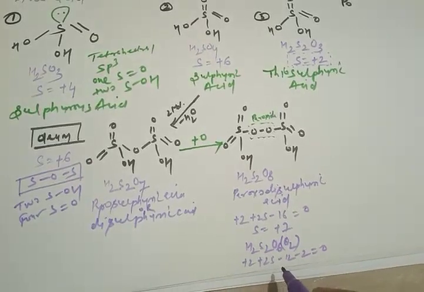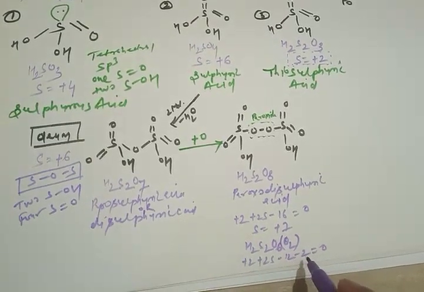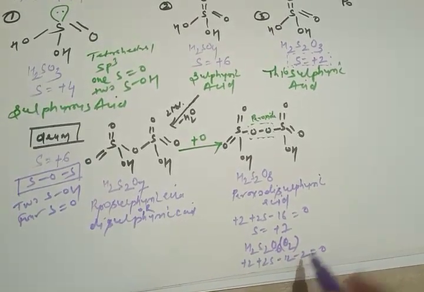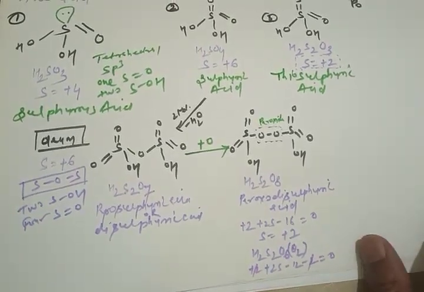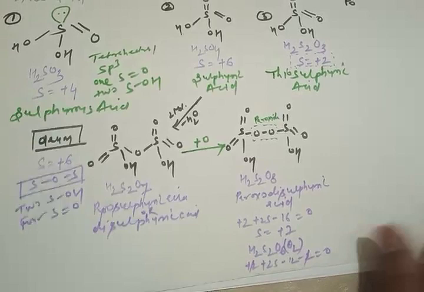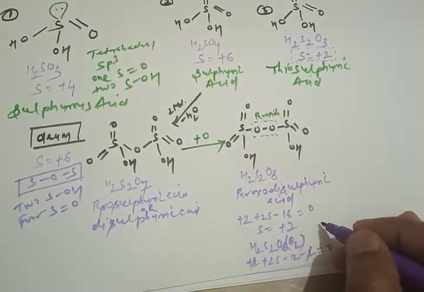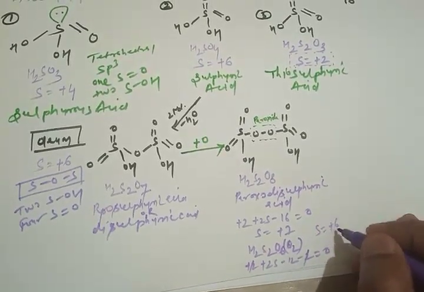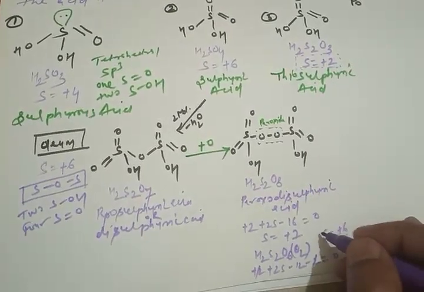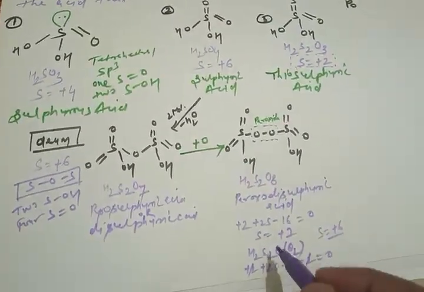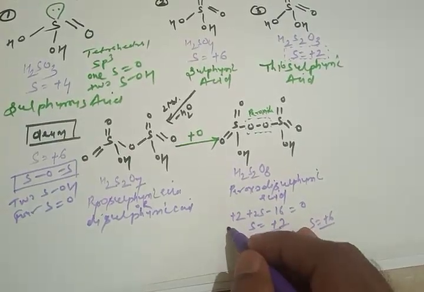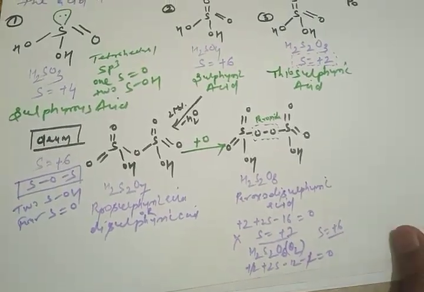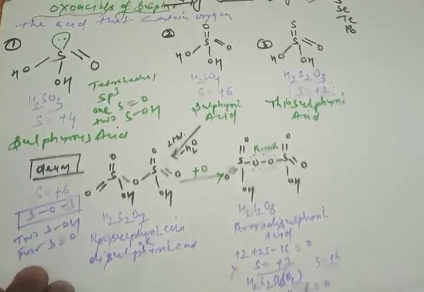So this -2 will cancel out. So S will be +6 here. See, the oxidation state of sulfur is +6. If you go with the traditional method, it looks like +7, but that is wrong. S +6 is the oxidation state.